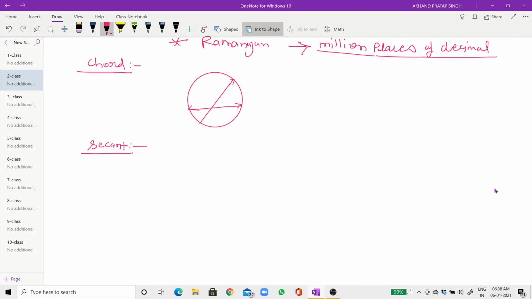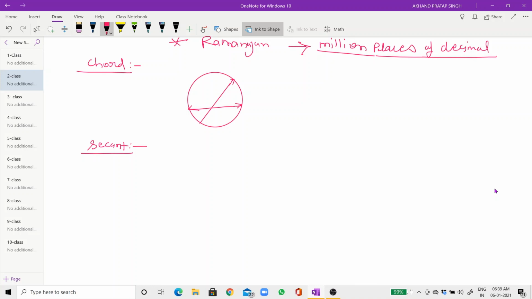What is important in mathematics is to know what it actually is and the concept behind it. What is the concept of the chord? What is the concept of the secant? If it comes in the questions, you should be able to visualize what is a chord, what is a secant, what is a tangent. Not important to memorize the definition, so I am not discussing the definition, just the concept.